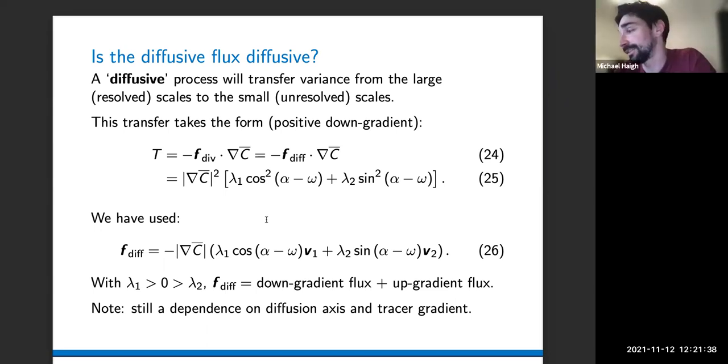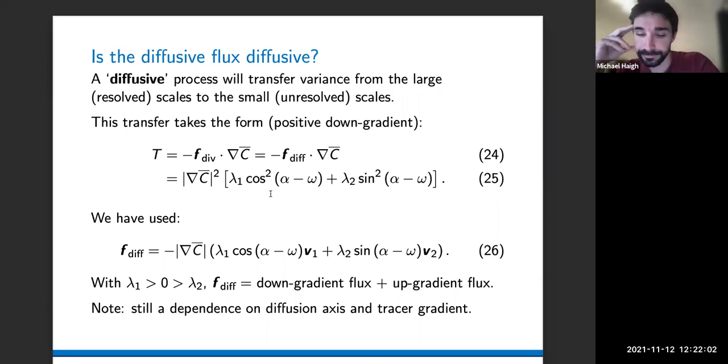Well, yeah, that is interesting. So if we can dictate that the variance transfer somehow be positive, be downgradient on average, but permit upgradient transfer in some regions, that might be possible. Then we just have to make sure that we don't have this accumulation of tracer gradients in the regions where we permit the upgradient transfer, and that'll become the challenge.